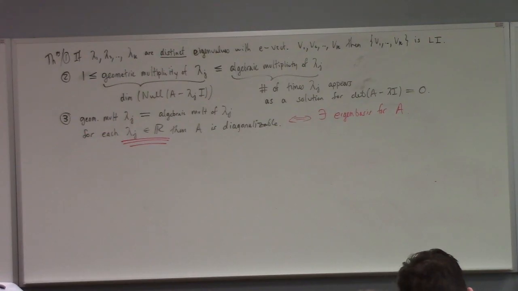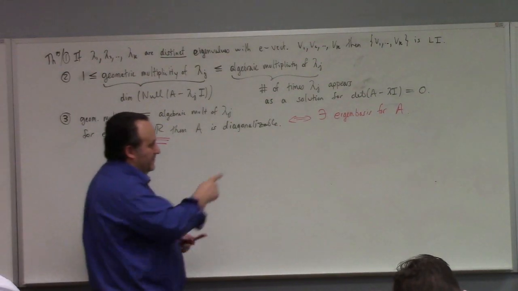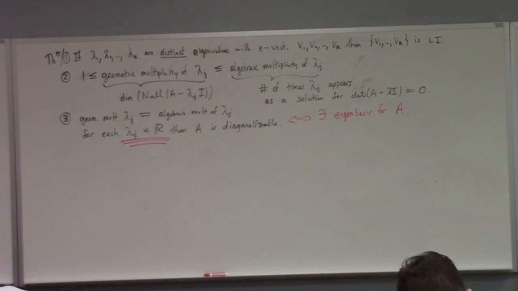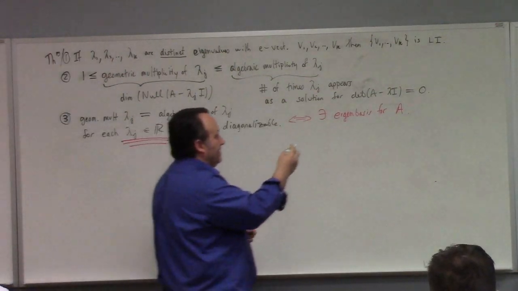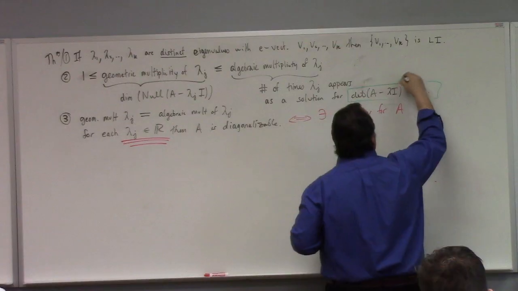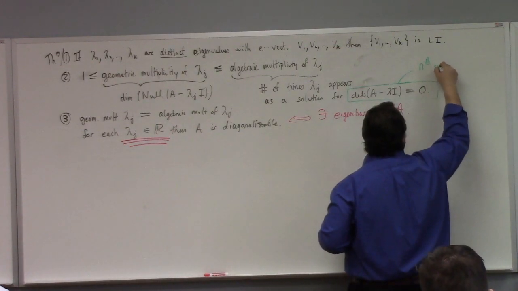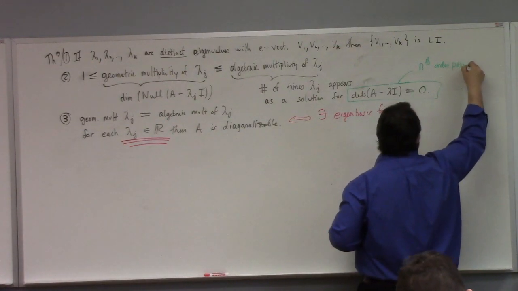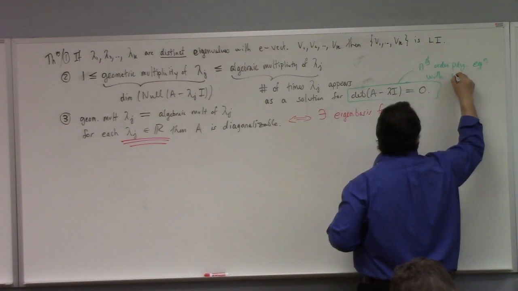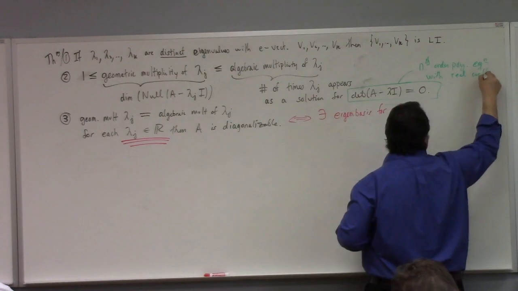right? So what else could happen? If we think about the characteristic equation, what are we looking at? What is this for an n by n matrix? This is an nth order polynomial equation with real coefficients.